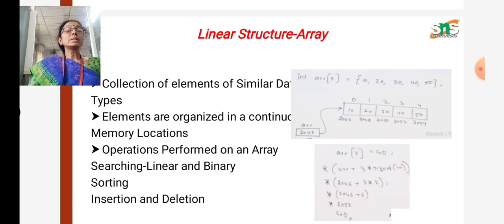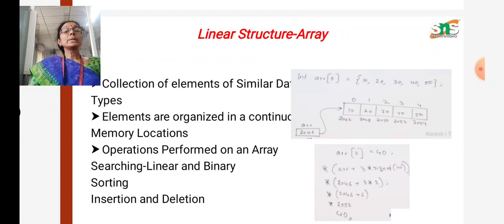For the internal organization of an array, consider that the starting location is 2046. It is the starting array location, followed by 5 elements. Each element takes 2 bytes, so the ending location is 2054. This is the representation of an array.